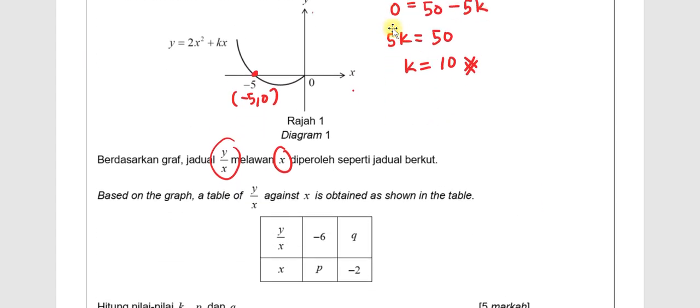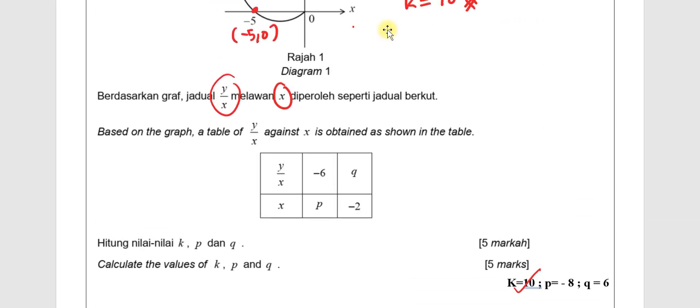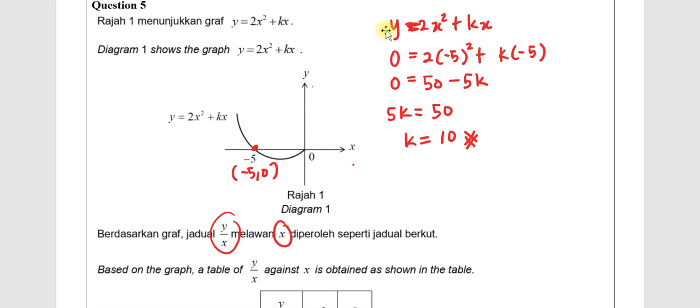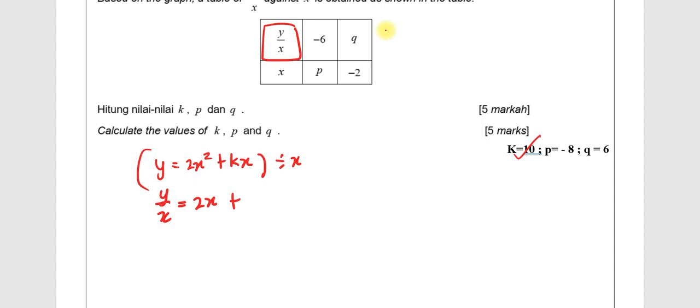K is settled. Now change non-linear to linear. 2x square plus kx. They want to draw y over x, so we divide by x. So y over x is equal to 2x square divided by x is 2x, plus kx divided by x is k. Right, guys?